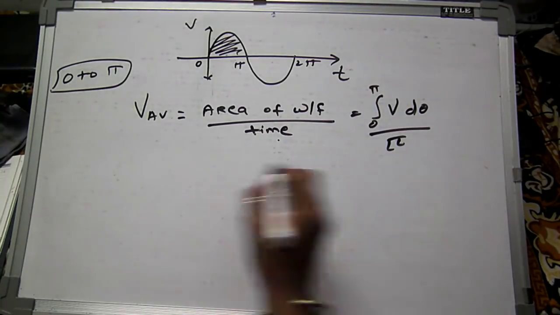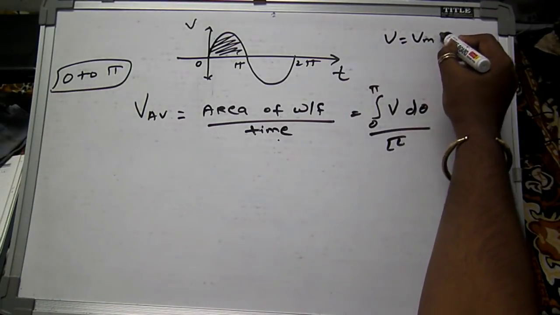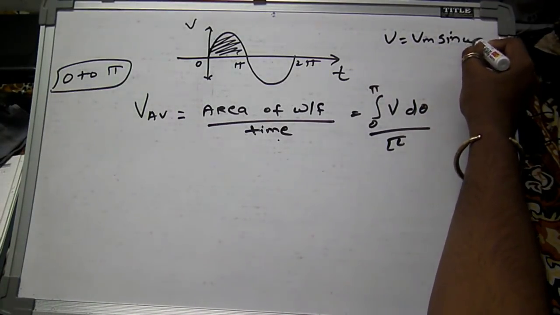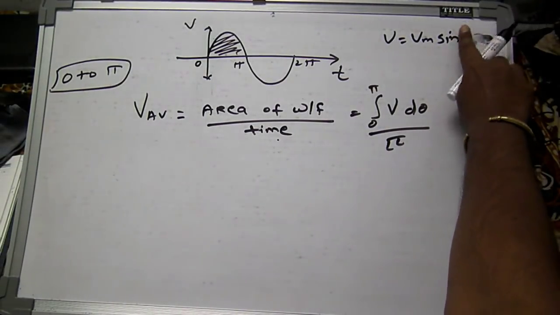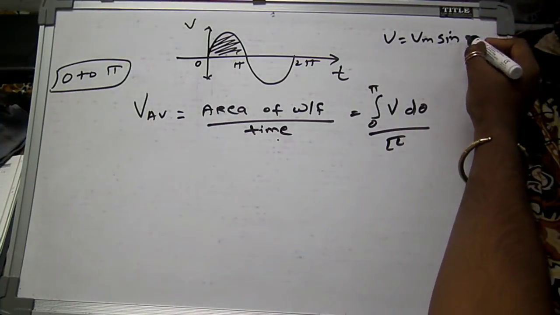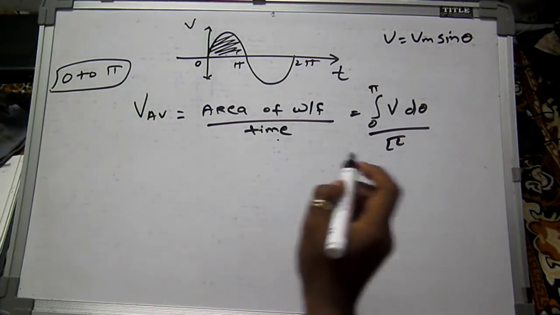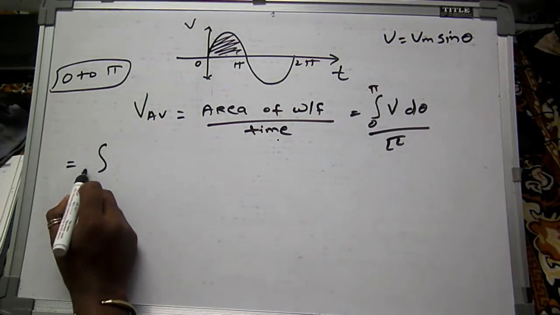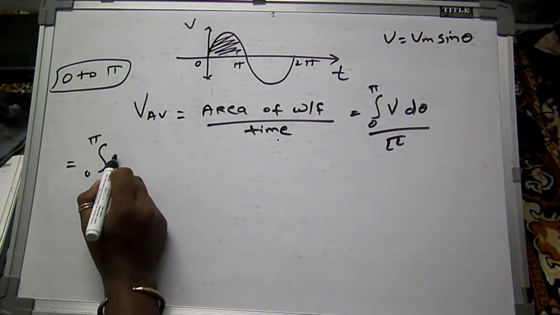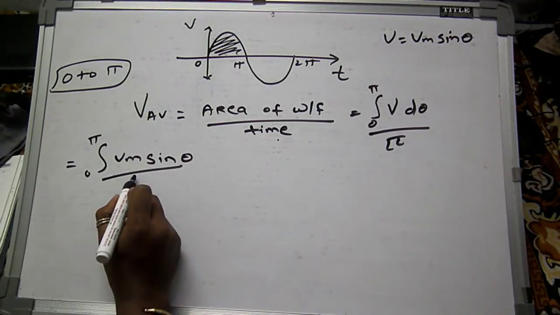So we know V is equal to Vm sin omega t. Here omega t can also be written as theta. So we write Vm sin theta. Then according to the formula, the integration from 0 to pi of Vm sin theta divided by pi.